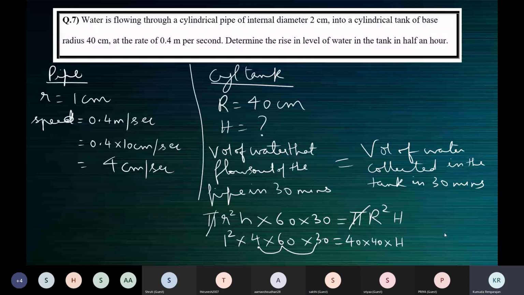Yes, you are right, Arnav. Thank you. So it will be into 40. 1 meter is 100 centimeters, so converting meter to centimeter, into 100.